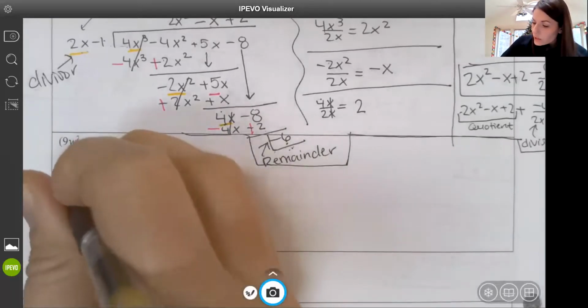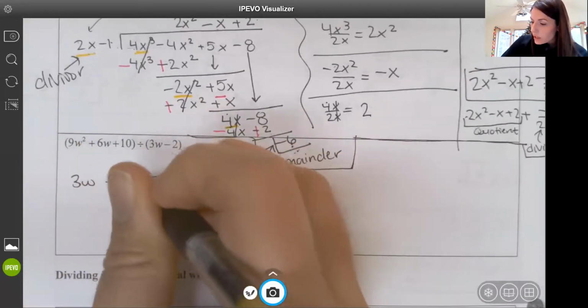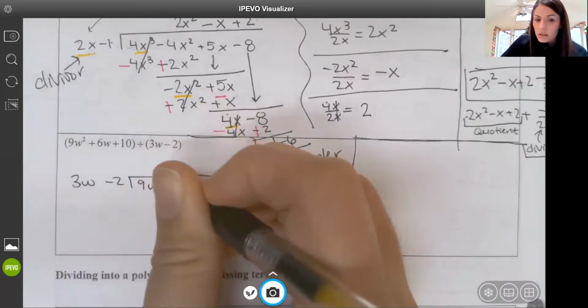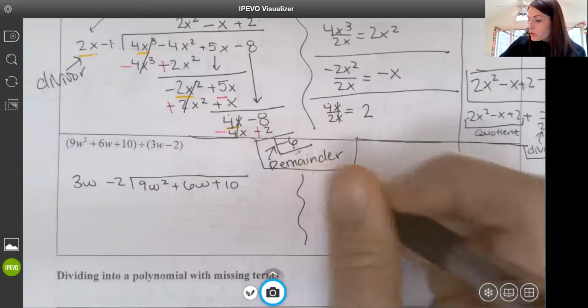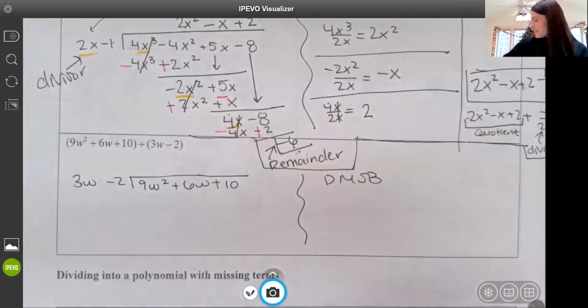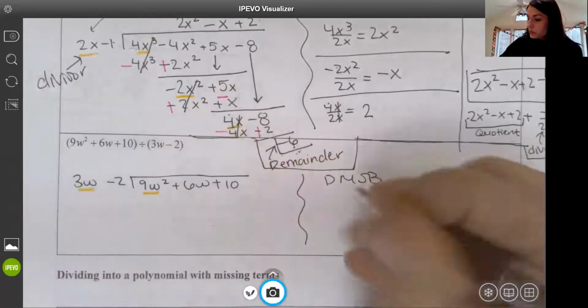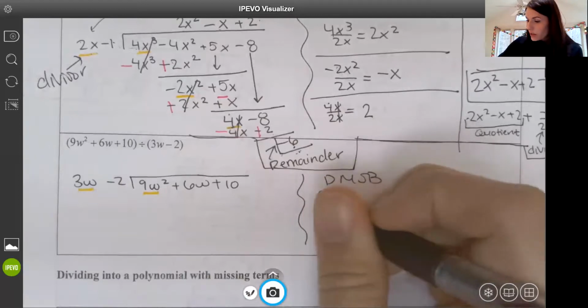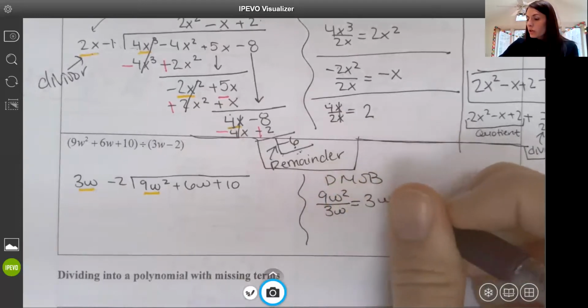All right, so my divisor here is 3w subtract 2, being divided into 9w squared plus 6w plus 10. Little workspace: divide, multiply, subtract, bring down. My first term is 9w squared. I'm going to take that 9w squared and divide by my first term in my divisor, which gives me 3w.